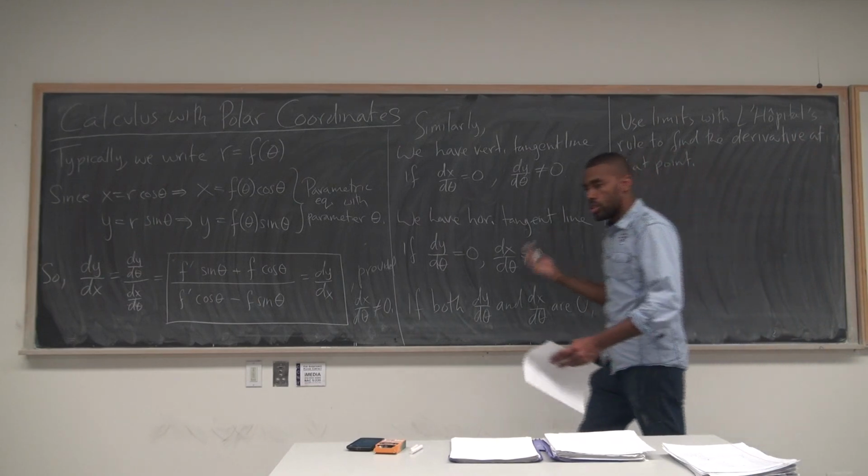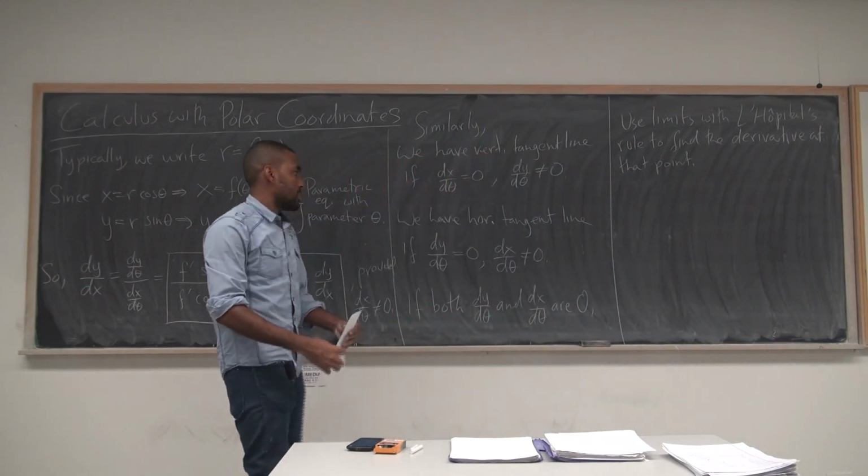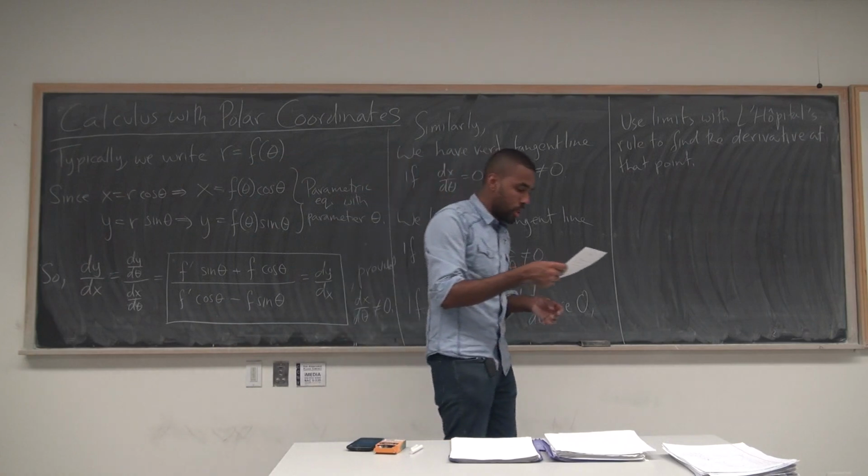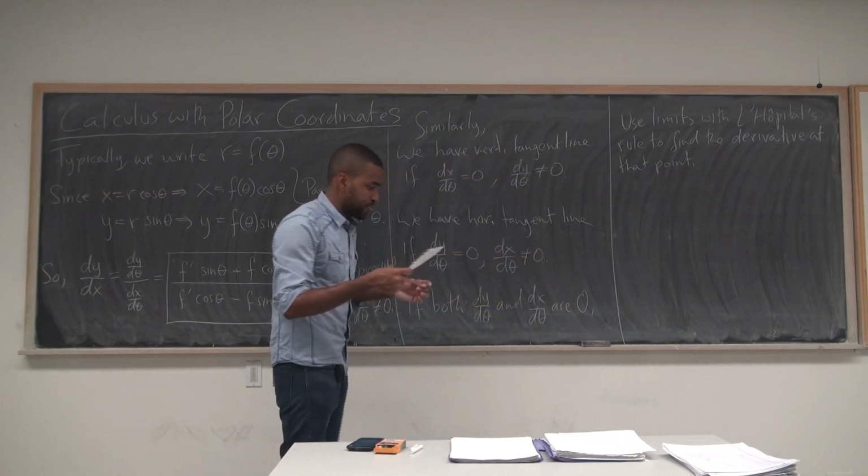So if both equal 0, use a limit to approach that point. And since the top and the bottom are 0, you can use L'Hopital's rule and find a limit if it exists at all.